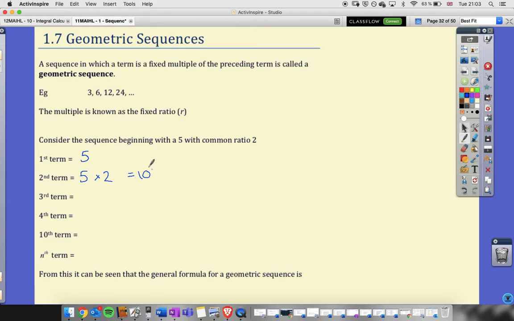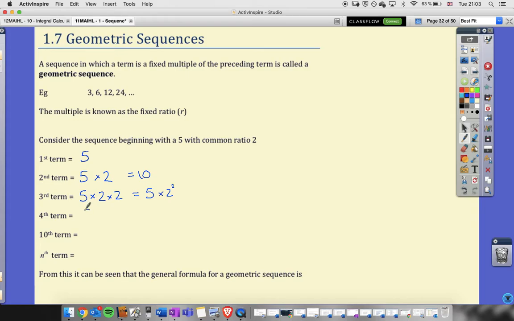We're not very interested in the result, we're more interested in how we get each term, because that's going to help us generalize. If we want to find the third term, we'd take the second term and multiply it by 2 again. We could rewrite that as 5 times 2 squared, and the actual number would be 20. Hopefully we've spotted the pattern.